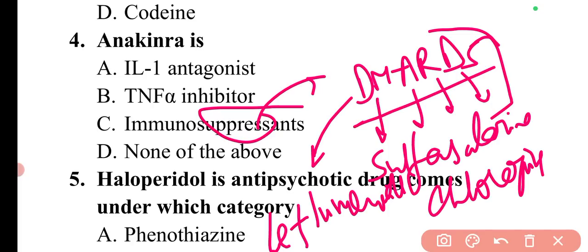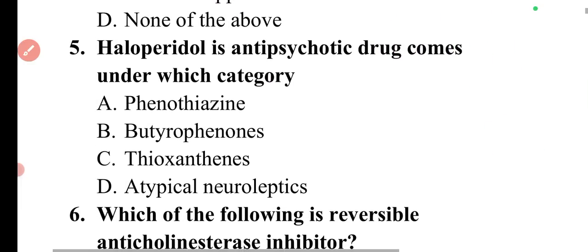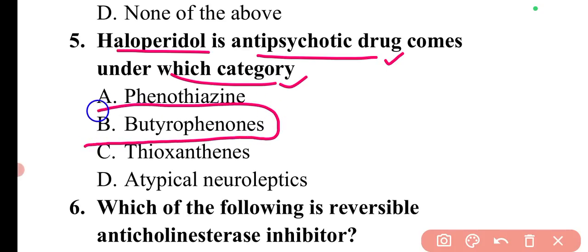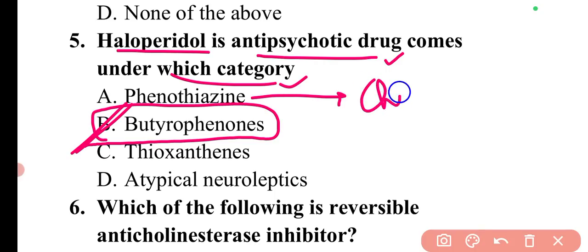Then we can move to another question: haloperidol is an antipsychotic drug, which category does it come under? Basically haloperidol comes under the butyrophenone category. So here option B will be the correct answer. If I talk about phenothiazine, under phenothiazine there can be the drug chlorpromazine.